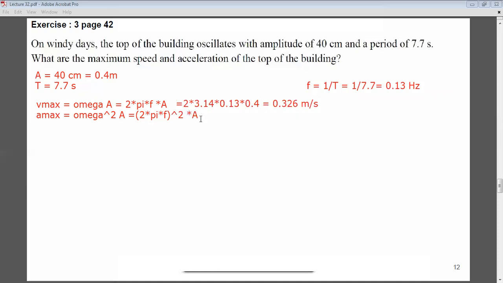And now for A maximum, I'll do the same. This is omega squared, 2 times 3.14 times f, which is 0.13, all of it squared, times the amplitude, which is 0.4, and this gives me 0.266 meter per second squared.